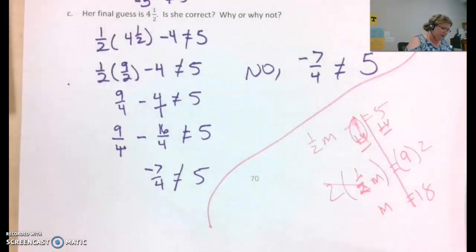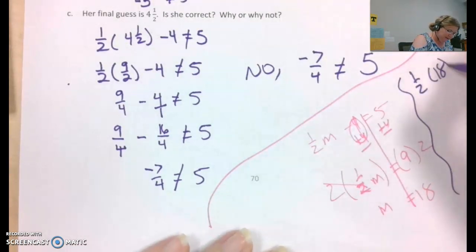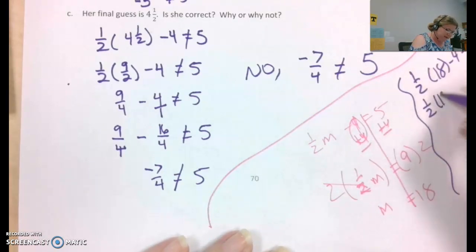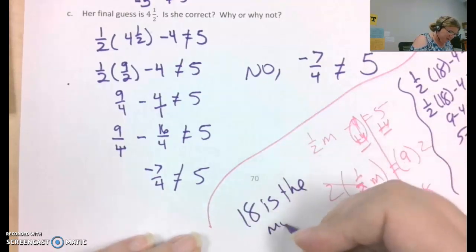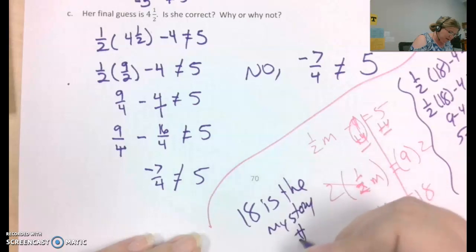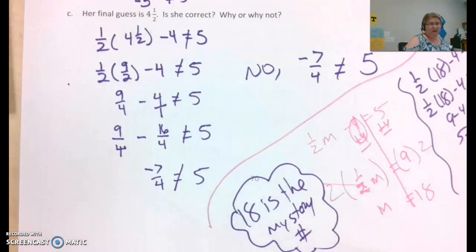Now let's just double check it real quick. Running out of time. Half of 18 minus 4 is 5. Half of 18 is 9. Minus 4 is 5. 5 equals 5. So that means 18 is the mystery number. Now they didn't ask us, but I got excited and wanted to figure it out. So now we know.